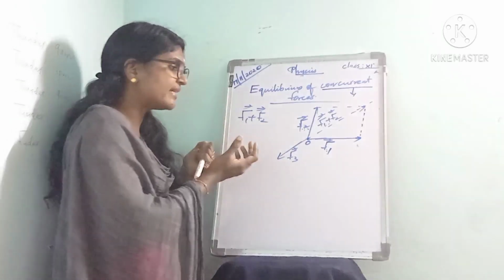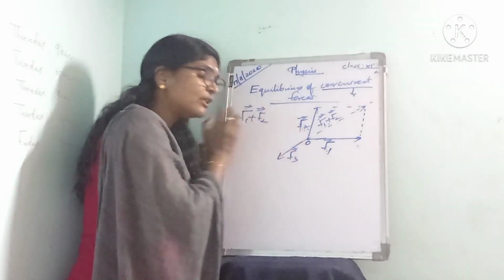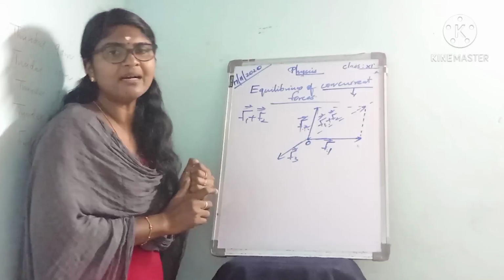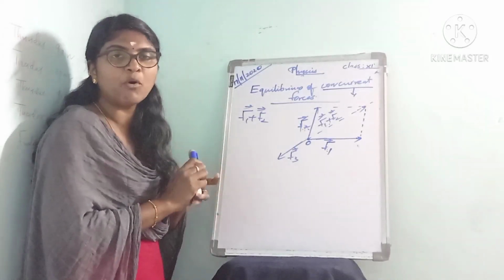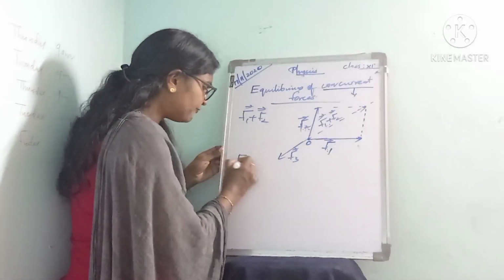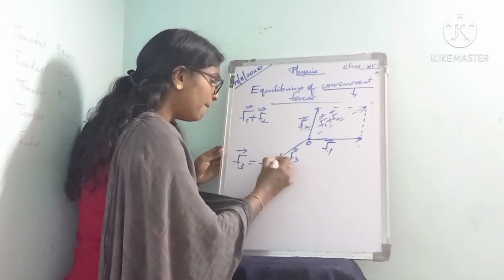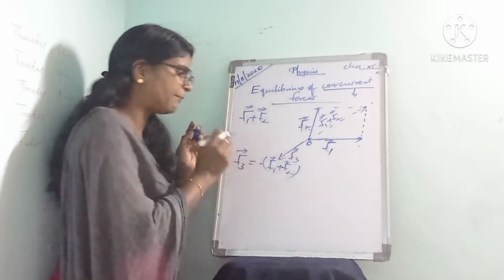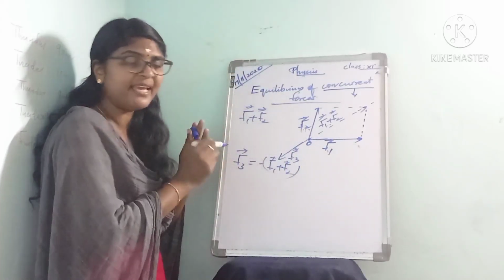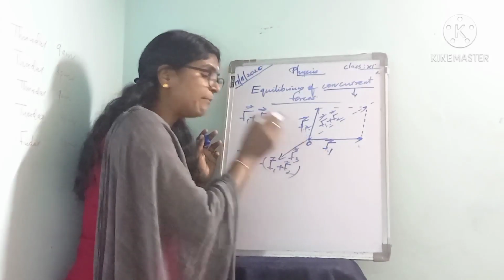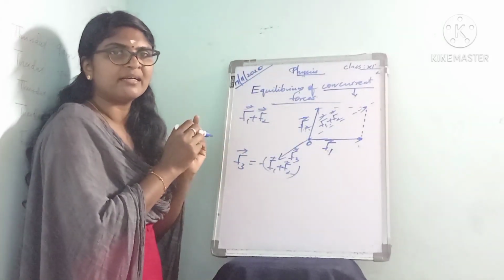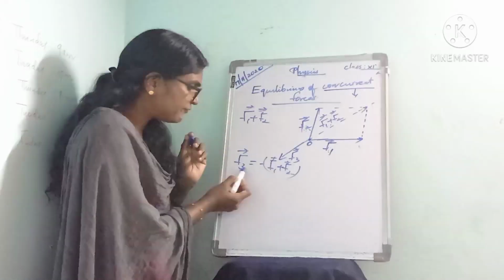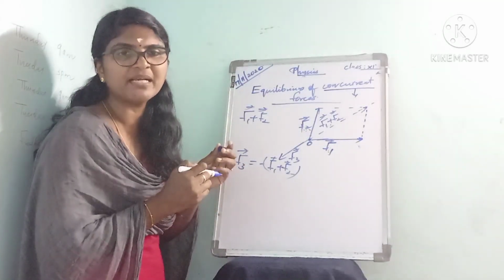Next, suppose there is a third force F3 that acts on the body at the same point, such that F3 is equal to minus of F1 plus F2.